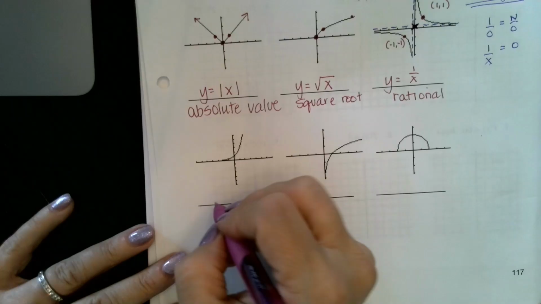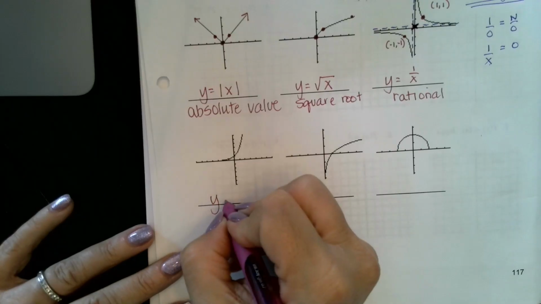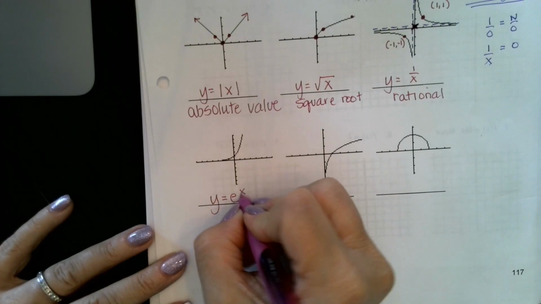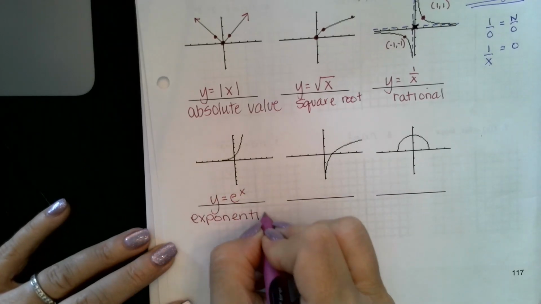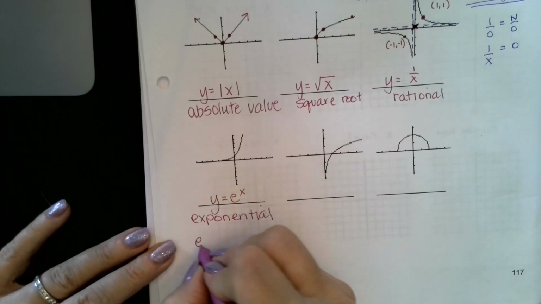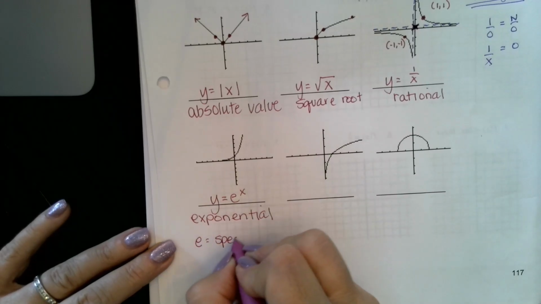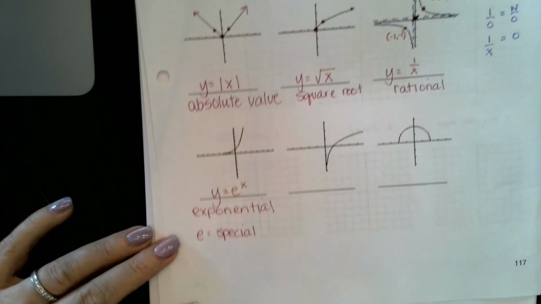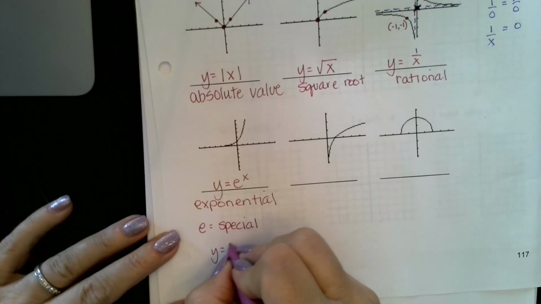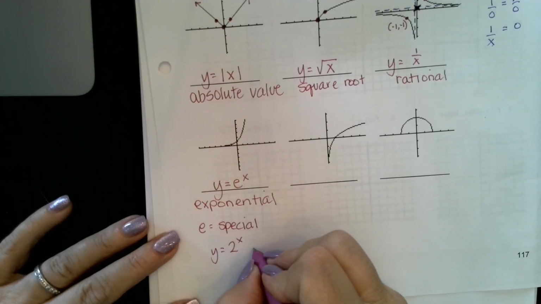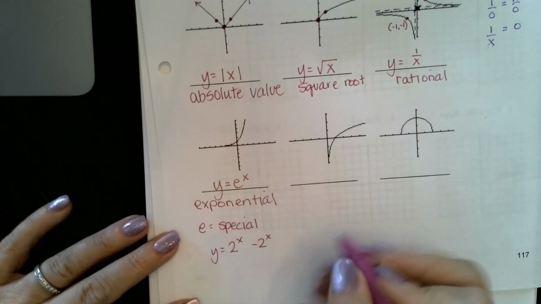Okay, this function here is going to be y equals e to the x, and this is our exponential. So e is a special type of function. And so what I could have here is I could have y equals 2 to the x, or y equals -2 to the x. E is a number.